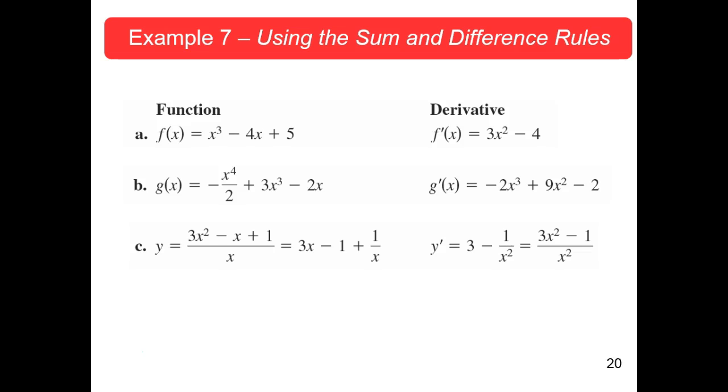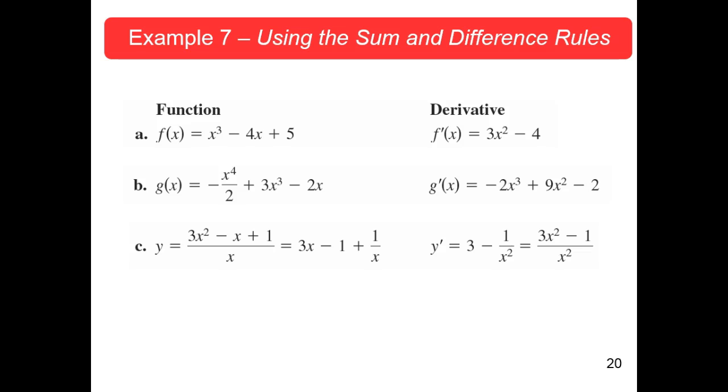Now they act like you're supposed to know this becomes that. You really aren't. Write that as minus 1 over x squared, then take its derivative: plus x to the minus 1 becomes minus x to the minus 2, then rewrite it back this way.